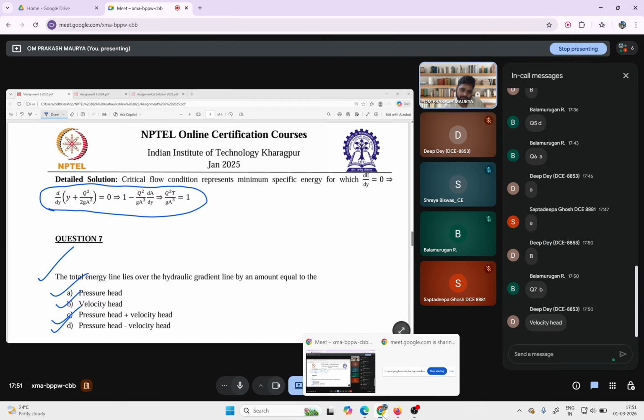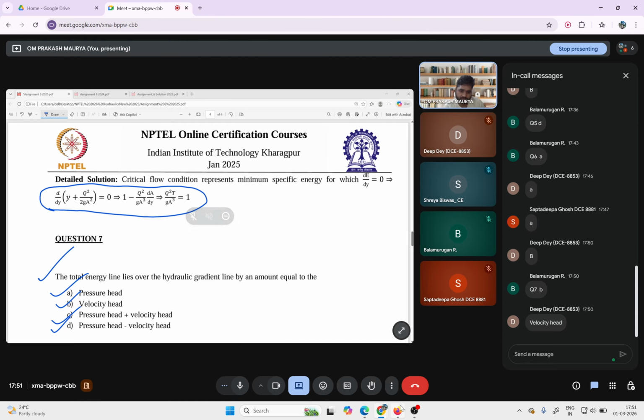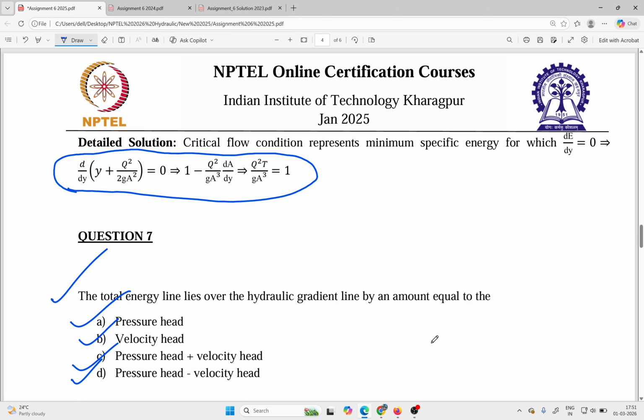So your hydraulic gradient line and total energy line. This is your HGL and this is your total energy line, TEL. HGL is a combination of your datum head plus pressure head.